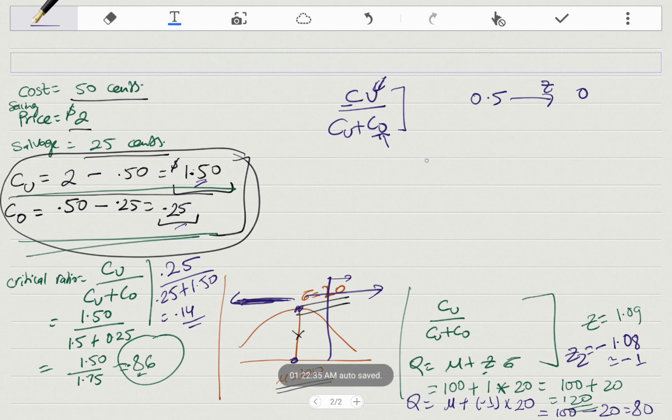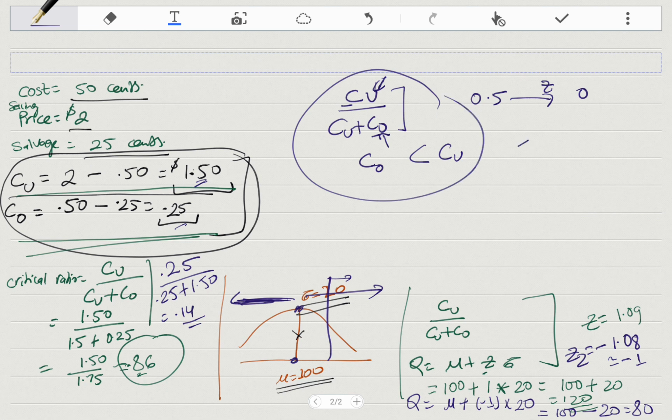That's why this value becomes greater than 0.5, your Z is positive, and you order more than the mean.